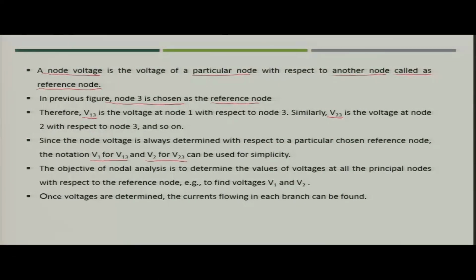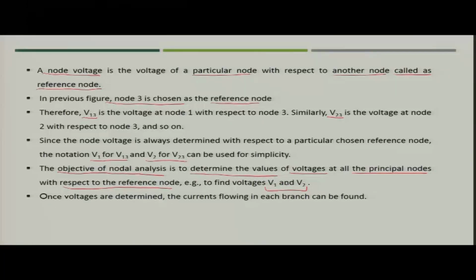Now, what is the overall objective of nodal analysis? The objective is to determine the values of voltages at all the principal nodes with respect to the reference node. In this case, the objective is to find the voltages V1 and V2.